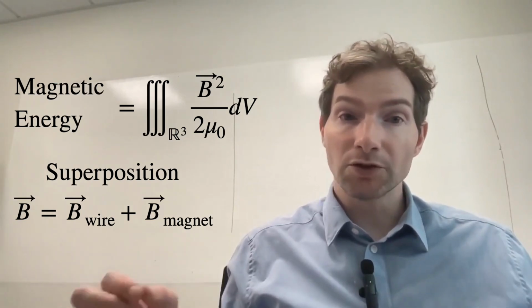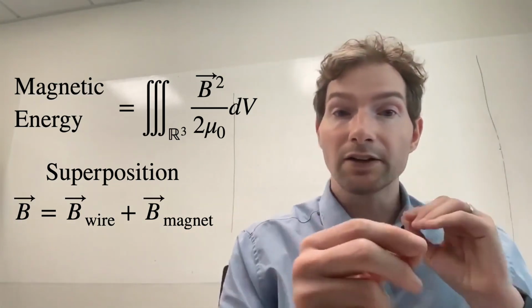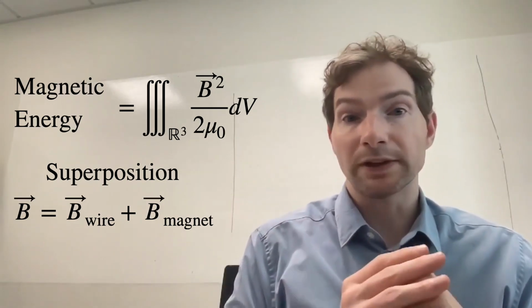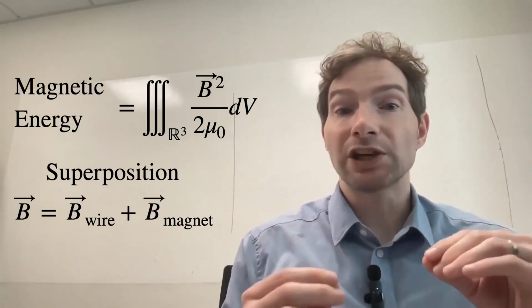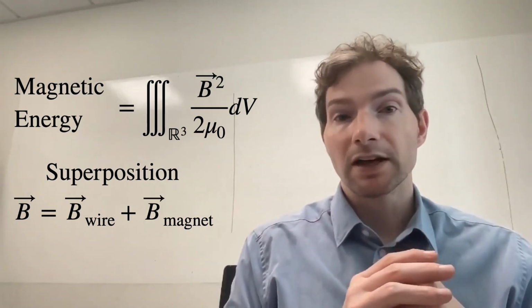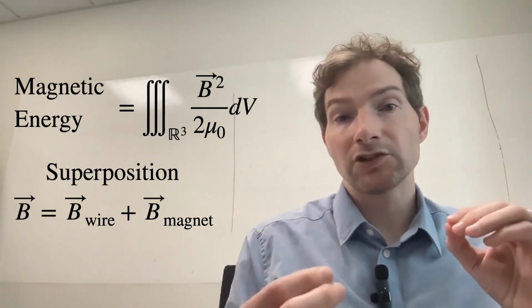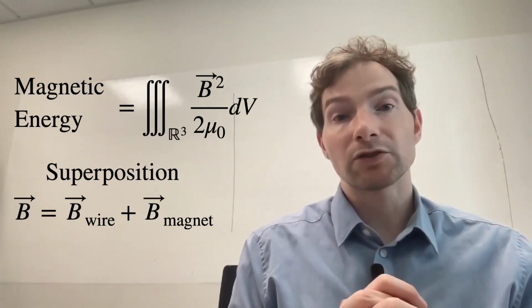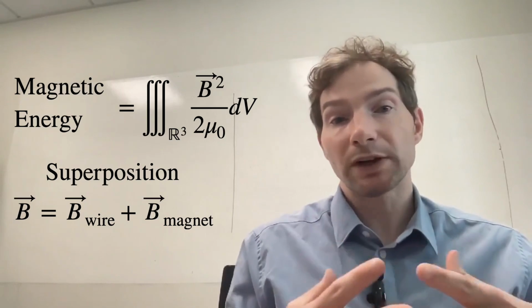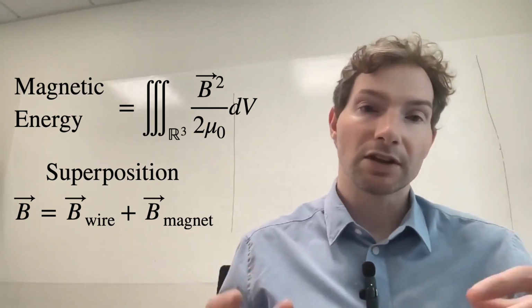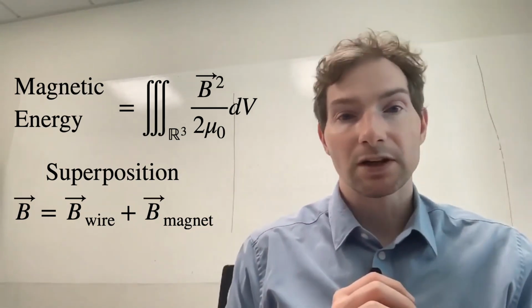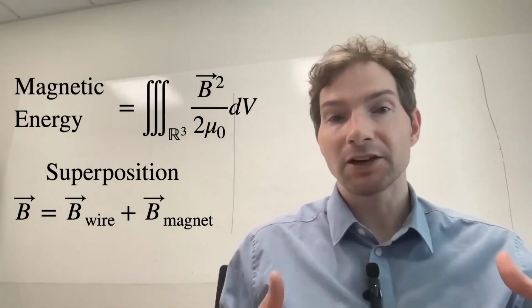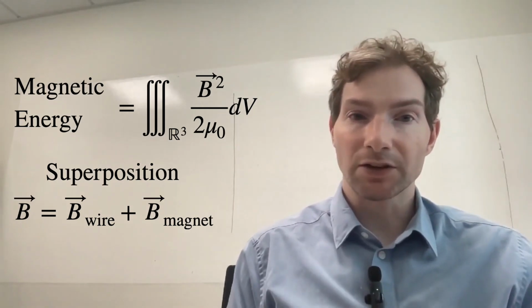And then you consider the wire and the magnets as being so-called boundary conditions for the magnetic field B. And then you change these boundary conditions, and you try to see which changes are going to lower this total magnetic energy, if you will, of the universe, or this kind of mock universe with one magnet and one wire. And so in that case, you can kind of explain how things go along.